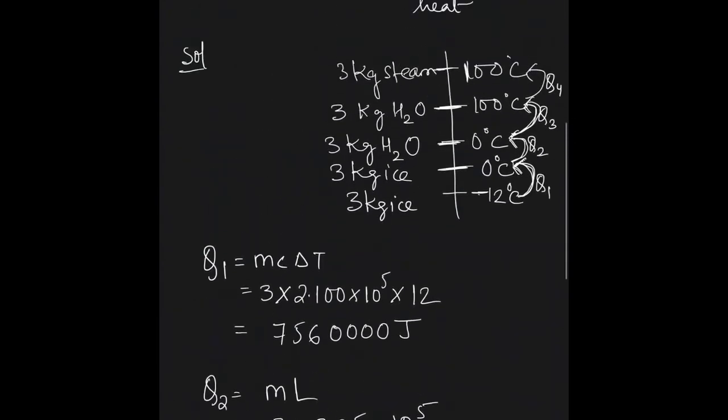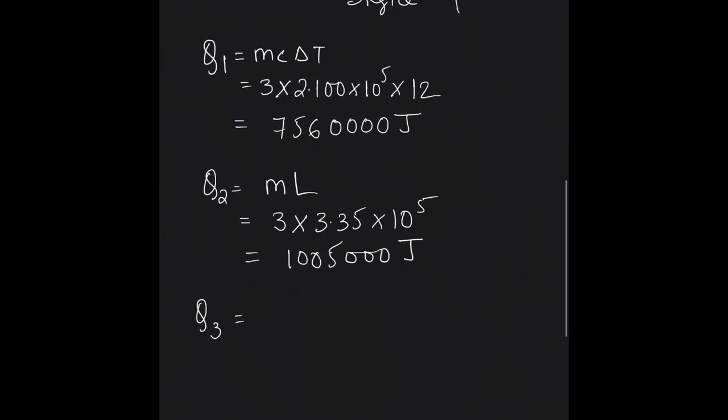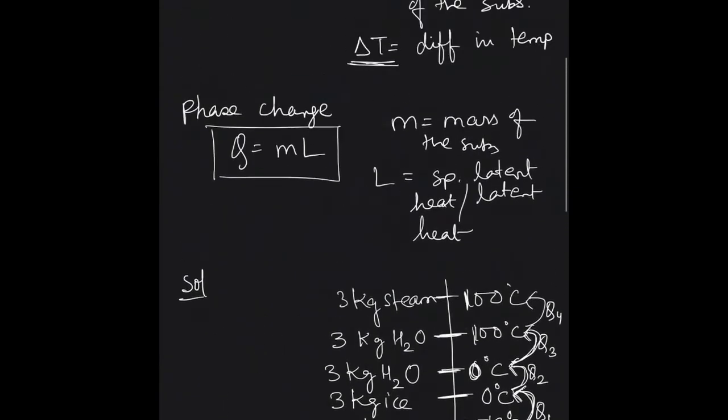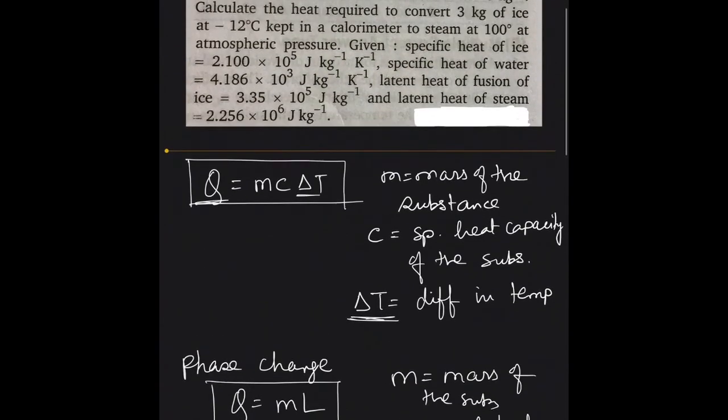Now as you can see, for Q3 here, water at 0 degrees C has converted to water at 100 degrees C. So again there is difference in temperatures. Formula involved is mc delta T. Now the mass of water here is 3 kg. Specific heat capacity of water, let's see in the problem how much it is.